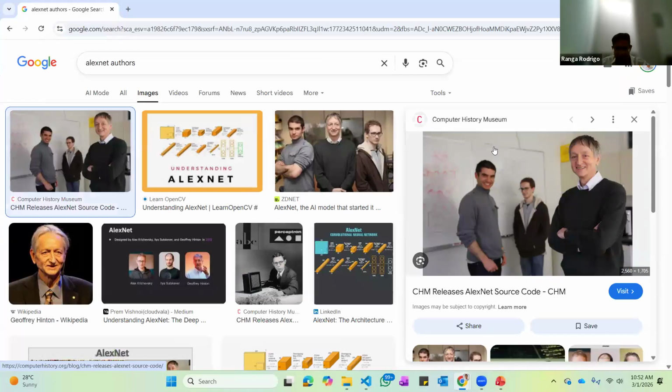Ilya Sutskever, as you know, is the brain behind OpenAI. OpenAI's most influential papers have been last authored by him. So you can see he's an author in the AlexNet paper also.